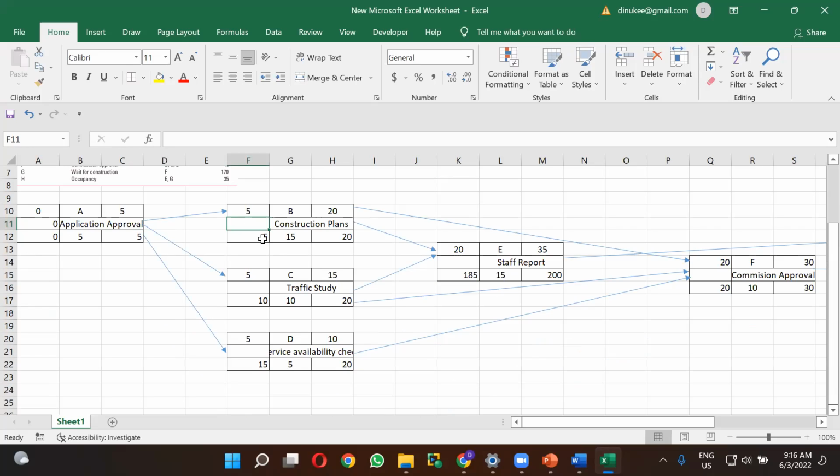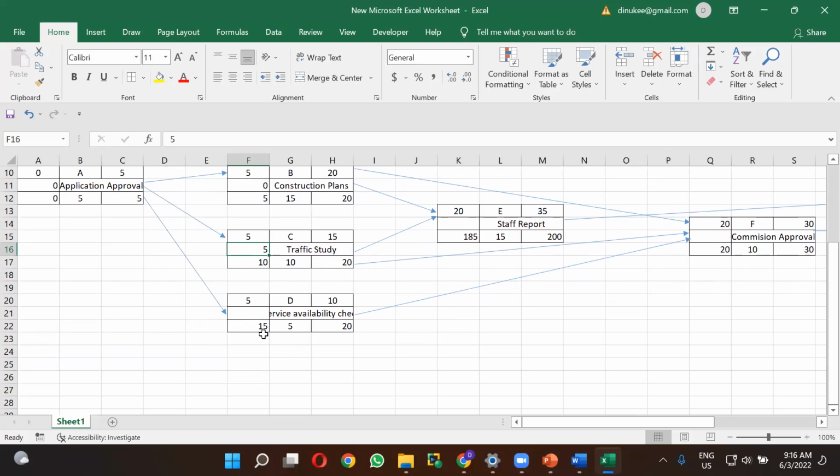What is the slack for the activity B? Very good. It is 0. From 5, 5 minus 5, 0. Right. For the C activity, can you quickly tell me what is the slack? 5. So it is easier, no?